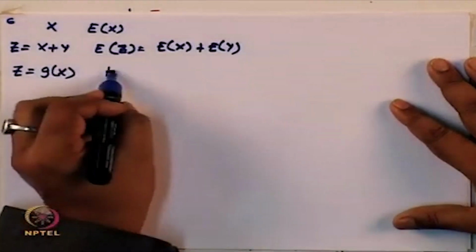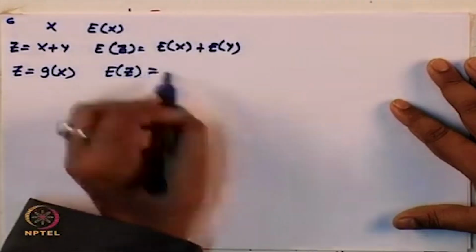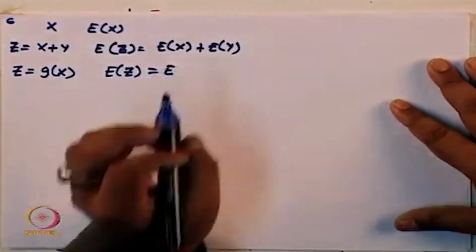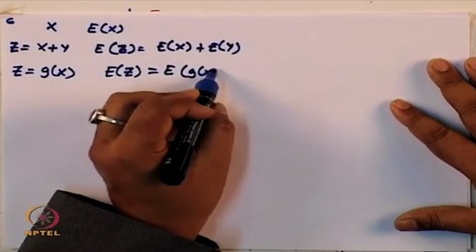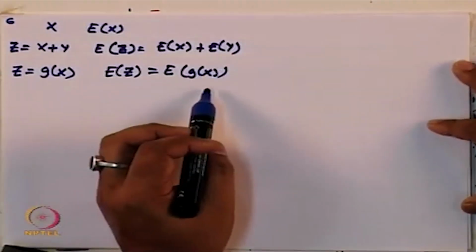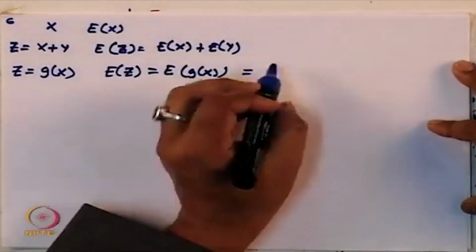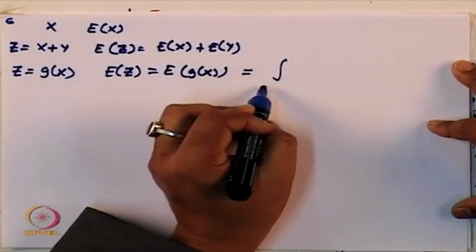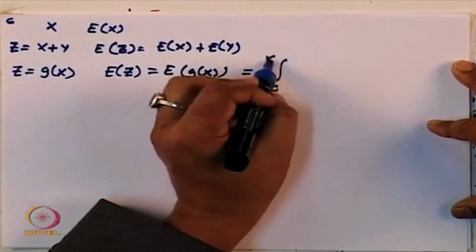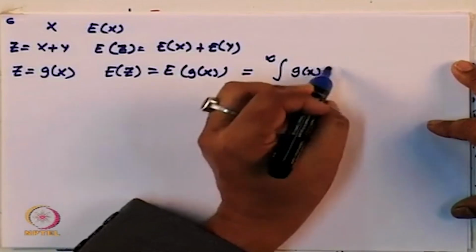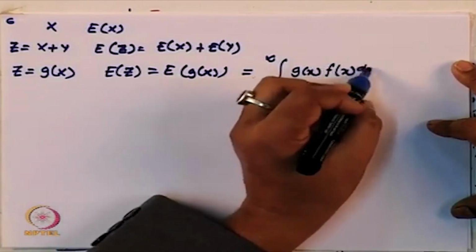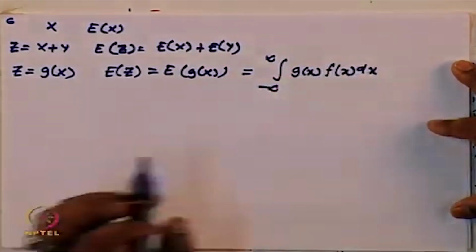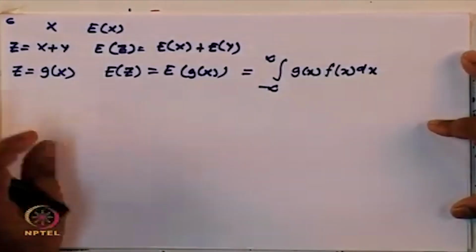In that case, E of z is E of g of x. And the expectation of g of x turns out to be the integration from minus infinity to infinity of g x into f x into d x, whatever the probability distribution you had.